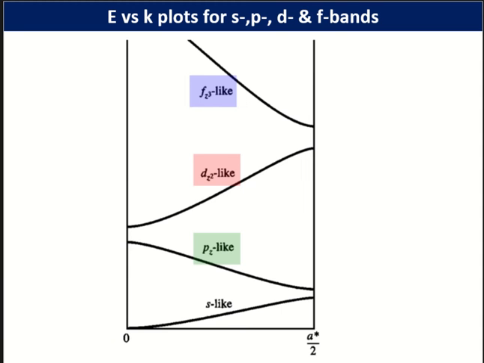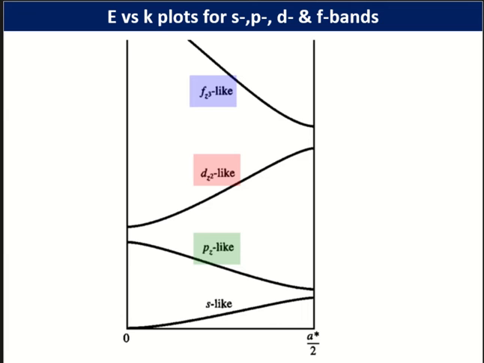In general the plots will be like this. For S, the most bonding is here at the 0 value of k, and this is at pi by 2, so plus pi by a you have this one. And for a p orbital, when you are taking the pz orbital, it is reversed again.